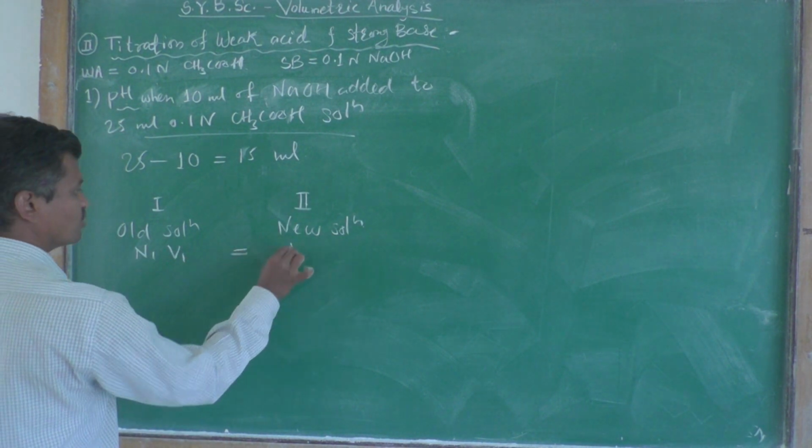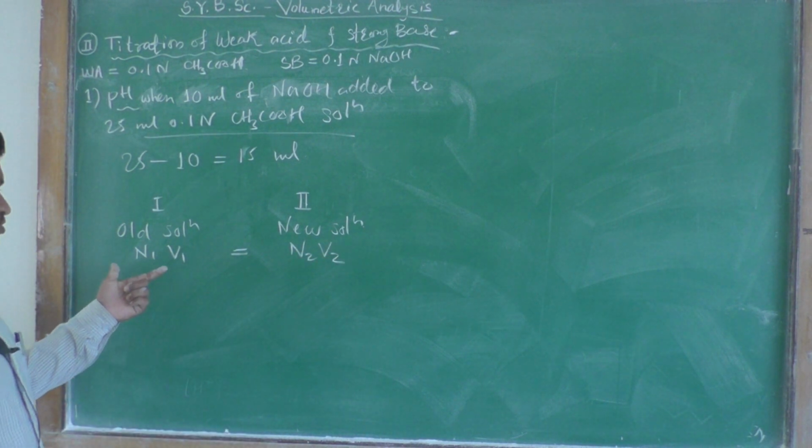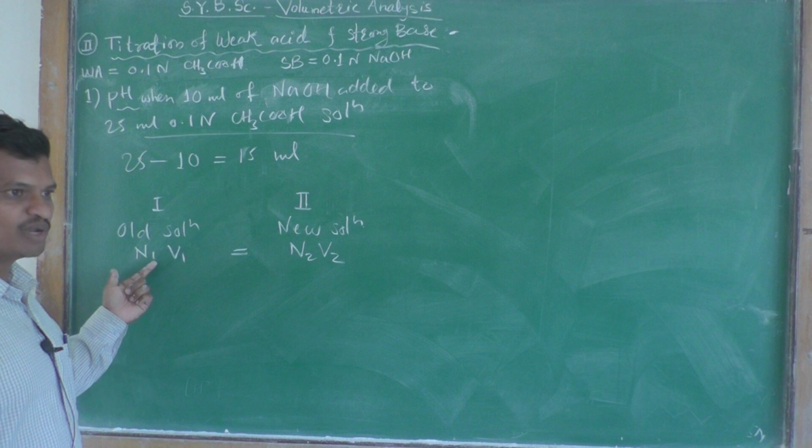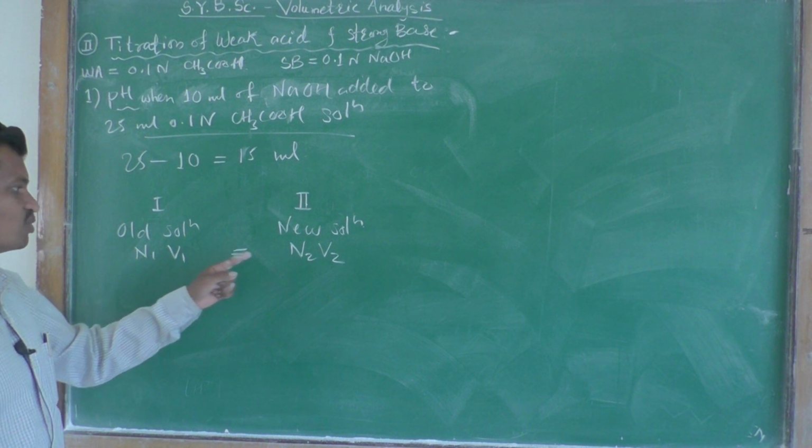This is a universal formula: the product of normality and volume is always constant.